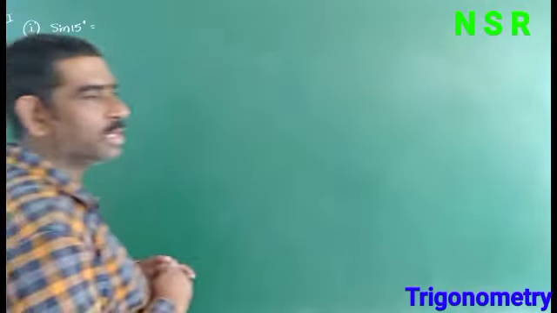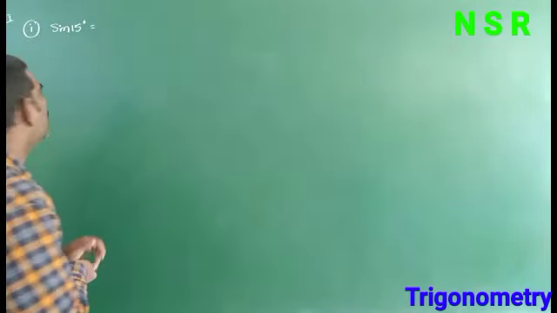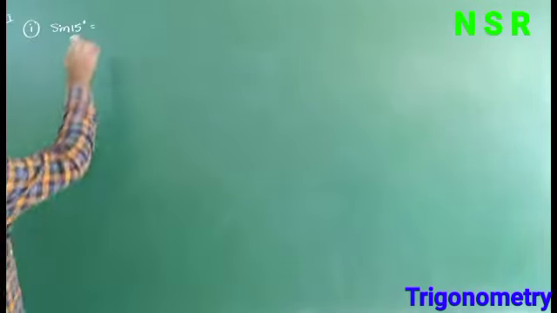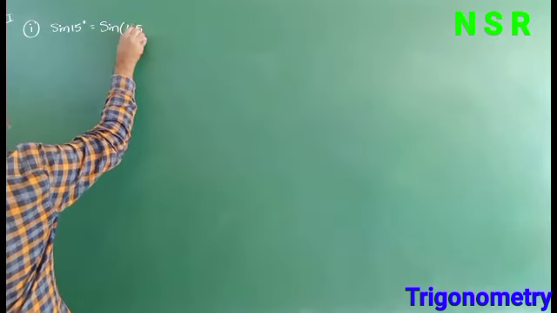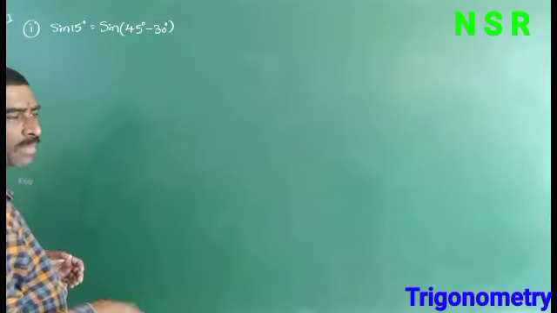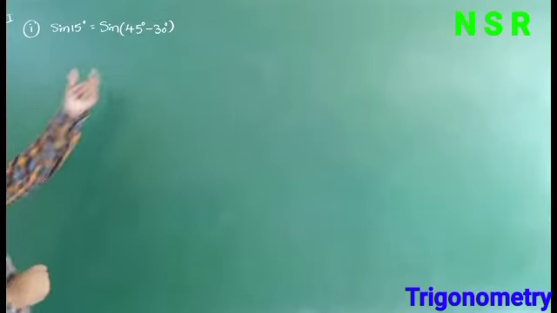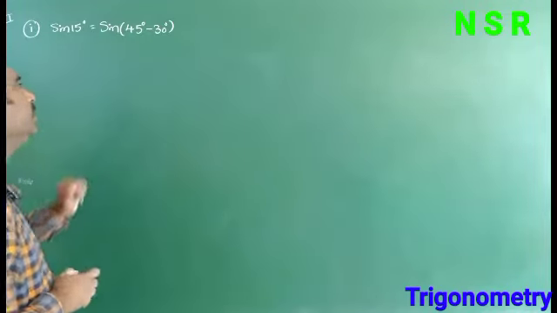Next, by using these compound angles, how to find sin 15, cos 15, tan 15 and cot 15. First one is sin 15. Sin 15 we can write as 45 minus 30, or as 60 minus 45; we get the same value.